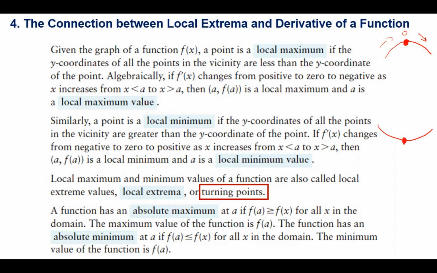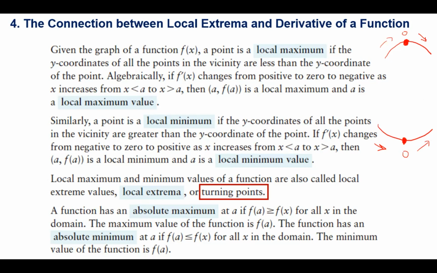If the first derivative of f(x) changes from negative to 0, then to positive as x increases from x smaller than a to x greater than a, then the point (a, f(a)) is called a local minimum, and f(a) is called the local minimum value. So note here, the local maximum and local minimum values of a function are also called local extreme values, local extrema, or turning points.